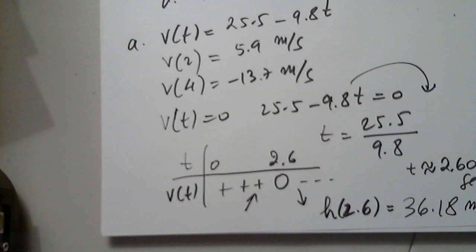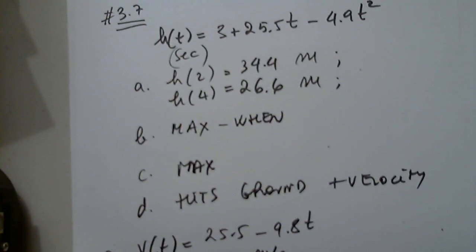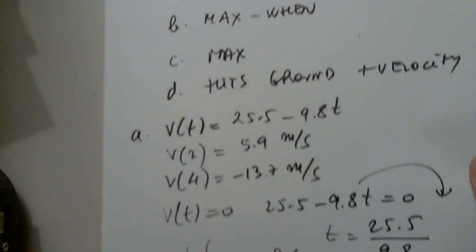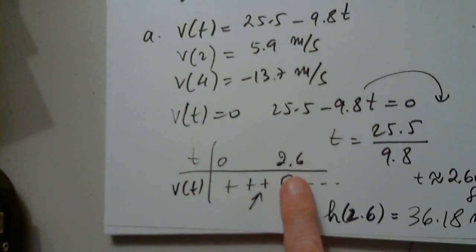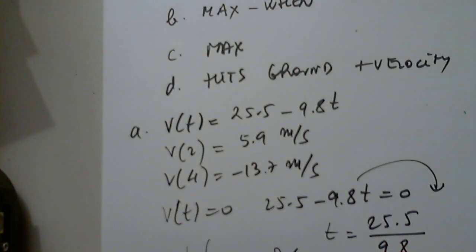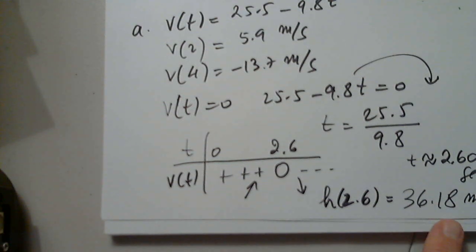So again, we determined that the maximum height of the projectile is obtained 2.6 seconds after we shoot it up in the air. And what is the maximum height? Well, 36.18.